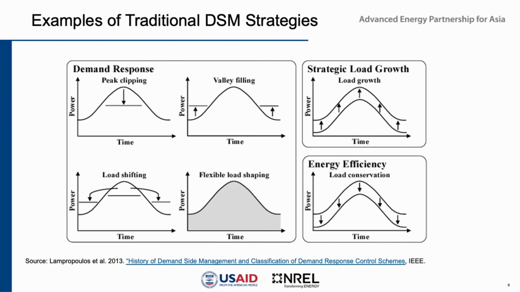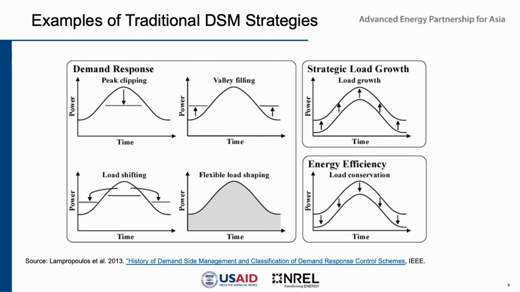And the idea here is to incentivize consumers to not use power during that peak load period. And they can do so either through setting of prices or by directly controlling equipment or setting up a market so that aggregators can convince consumers to stop using so much electricity during those peak times.